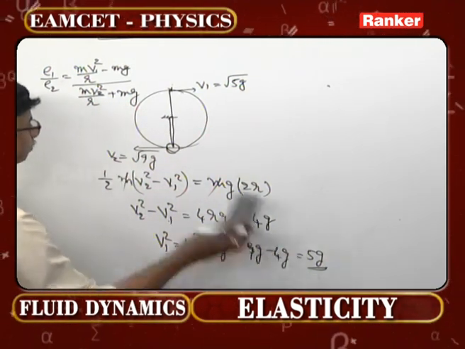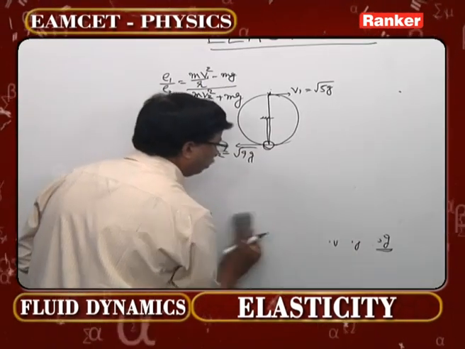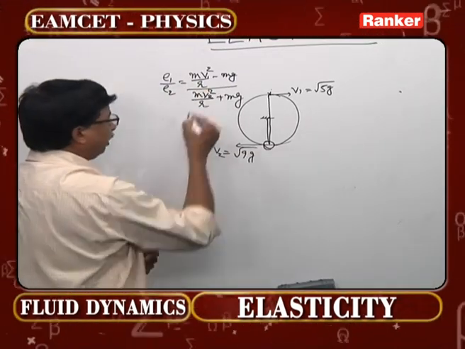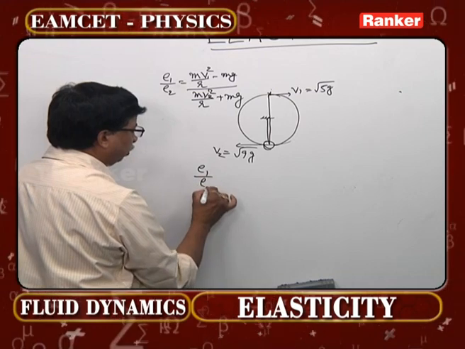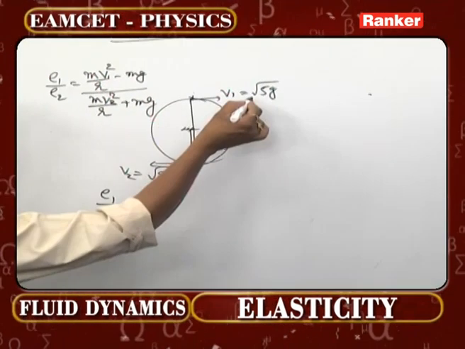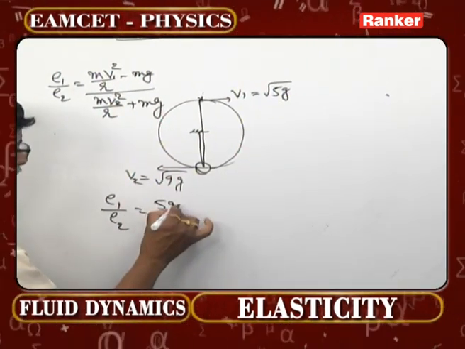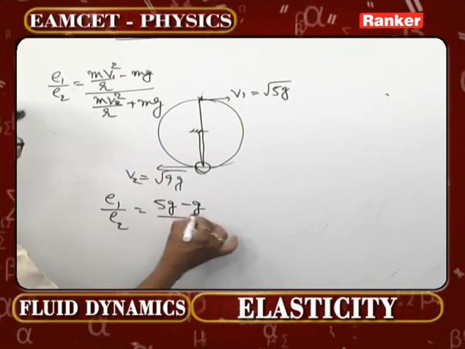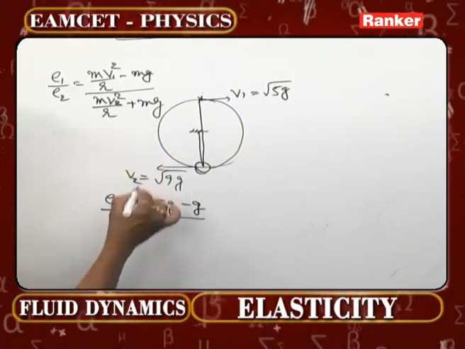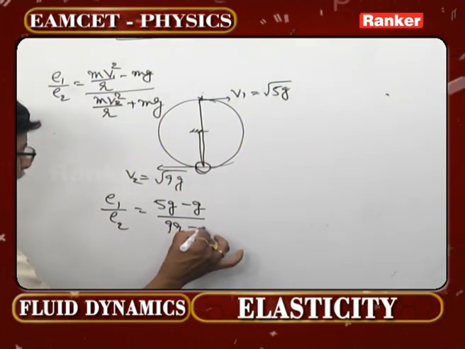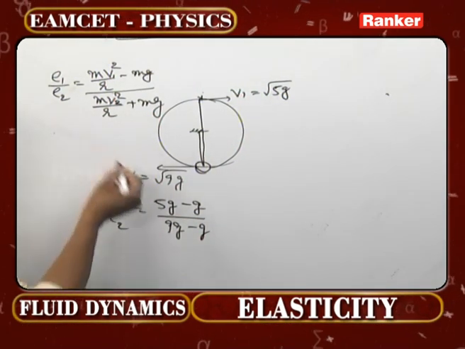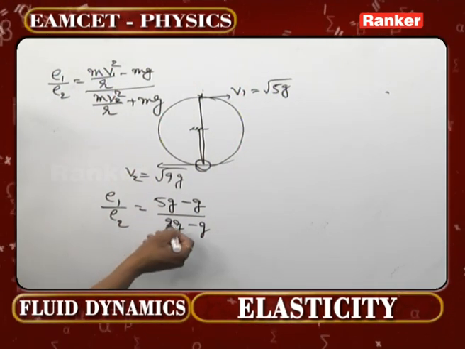Now come on, just substitute the values over here. What is it you are going to get? You can check it. M gets cancelled. So E1 by E2 is equal to V1 square, how much it will now be? 5g minus g by V2 square. That is now how much? 9g minus g. So directly you can understand here 4g by 8g.